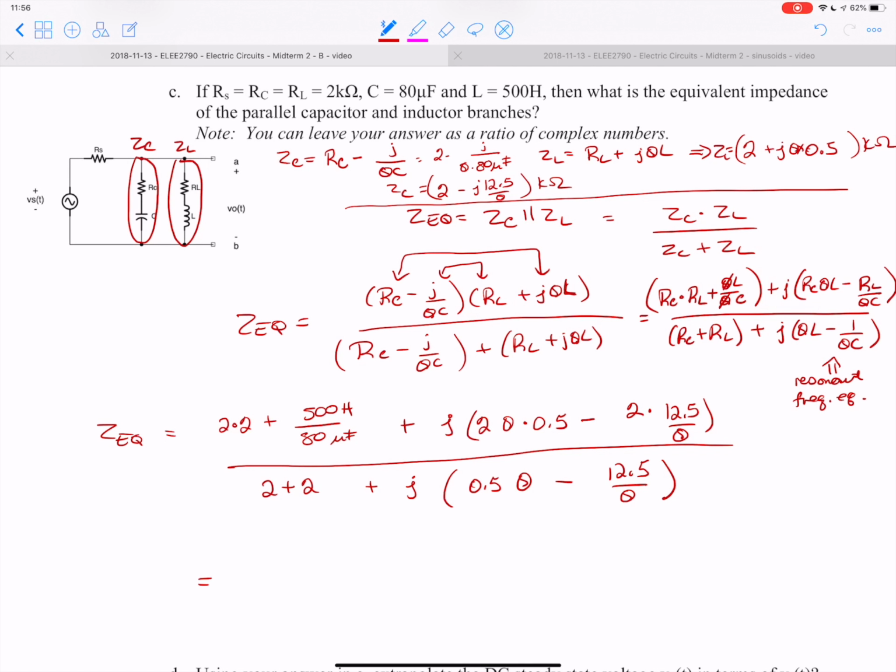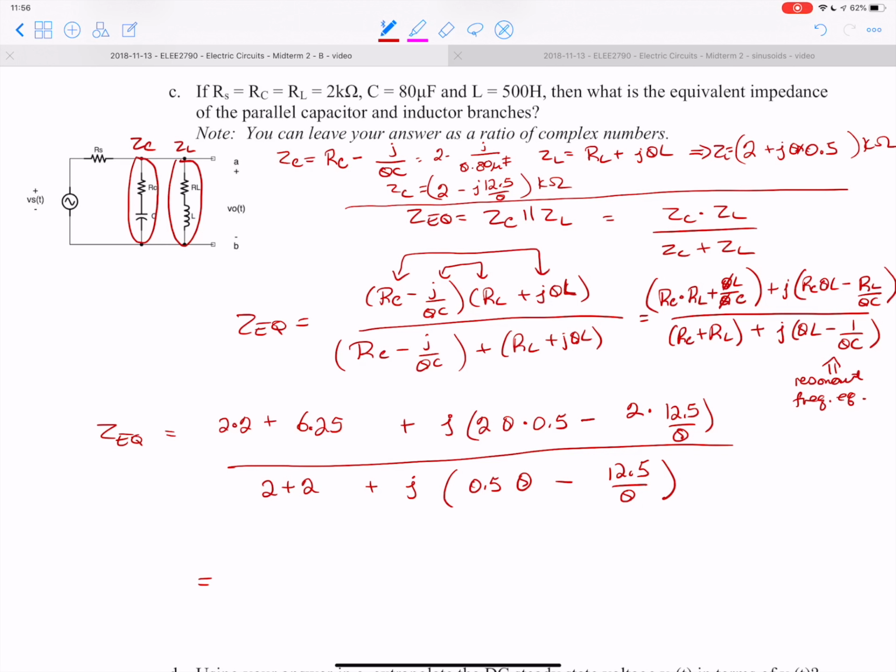Clump things together over here, and again 500 henries divided by 80 microfarads. If you had that, it might actually have been easier to stick with our complex numbers that we started with. So this was actually 0.5 times 12.5, or 6 1/4.